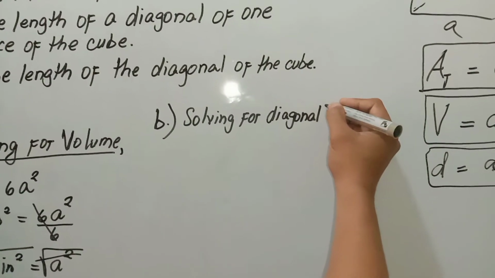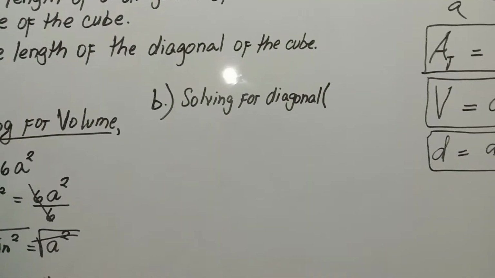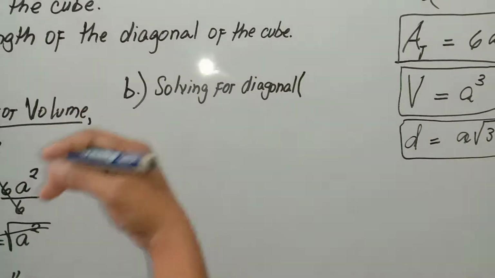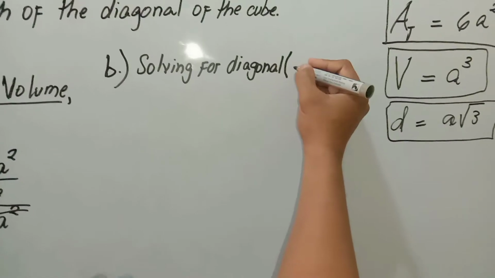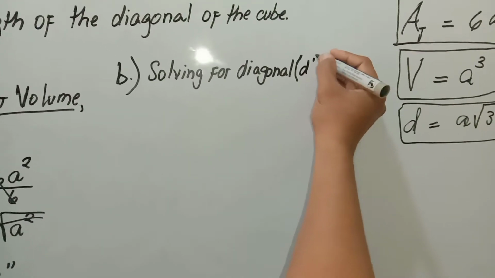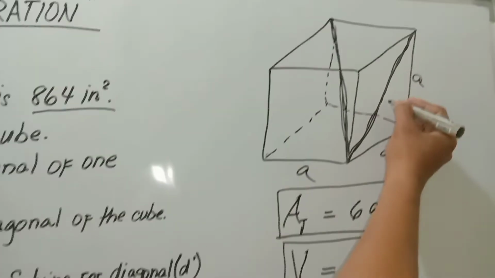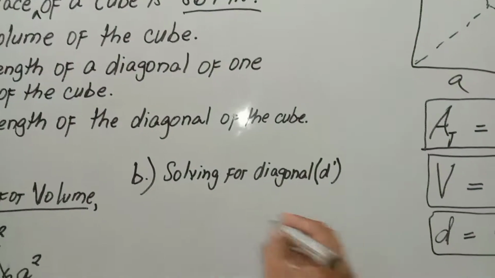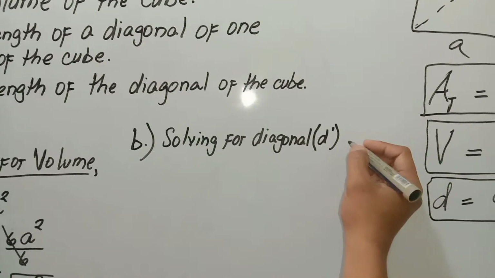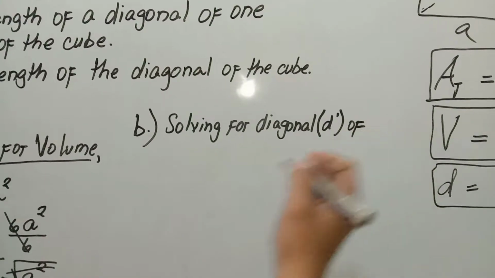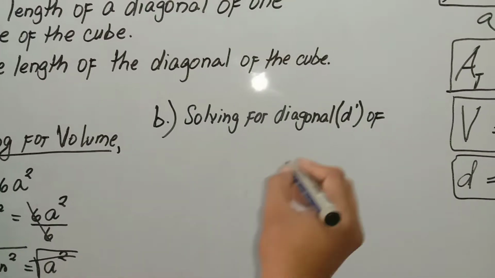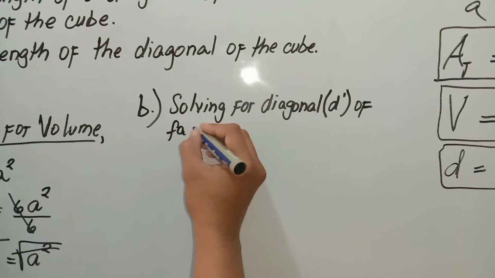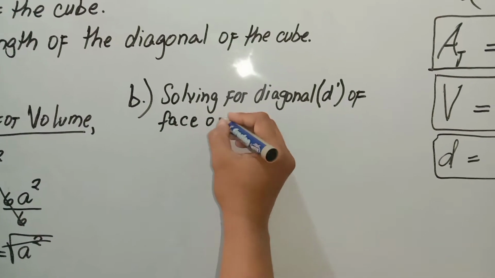Shall we say this is D prime? We call it D prime, one face. Solving for the diagonal of one face of the cube.